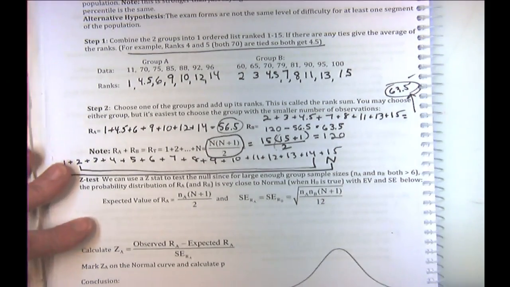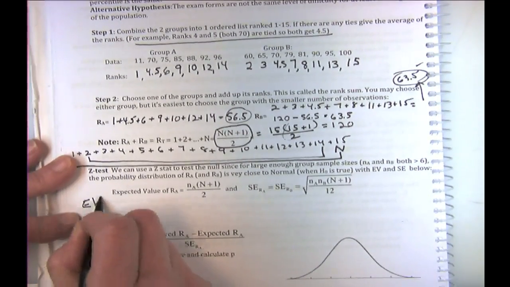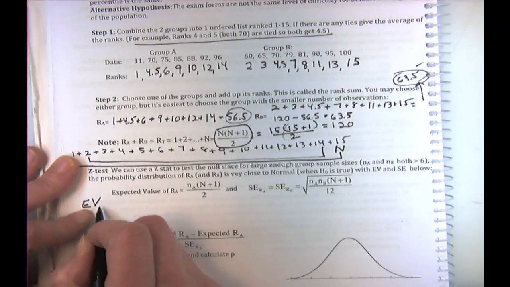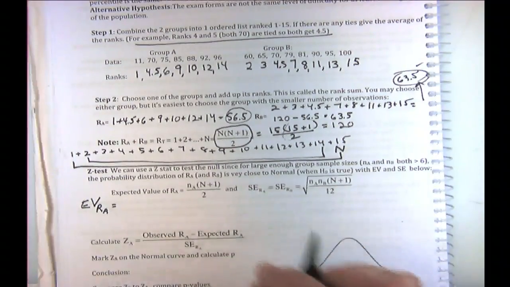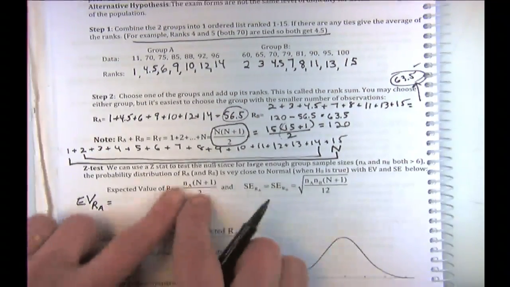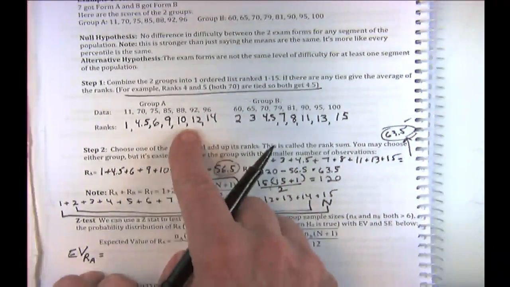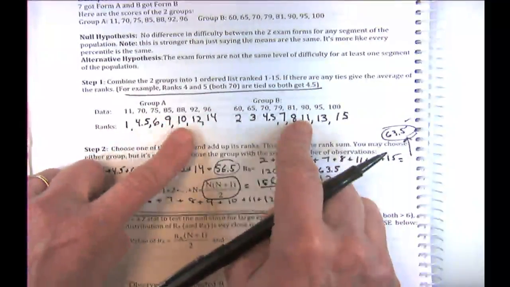Well, the expected value is pretty easy to see. Let's think about what that would be. The expected value for the rank sum for group A. Let's start there. So what would we expect for group A? Why does this make sense? Well, there's 7 numbers in group A now. If it's just a random distribution, there's no reason to think one's going to be better than the other.